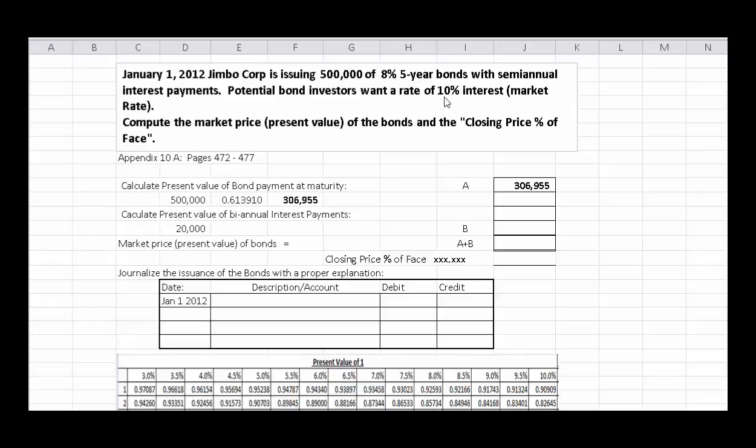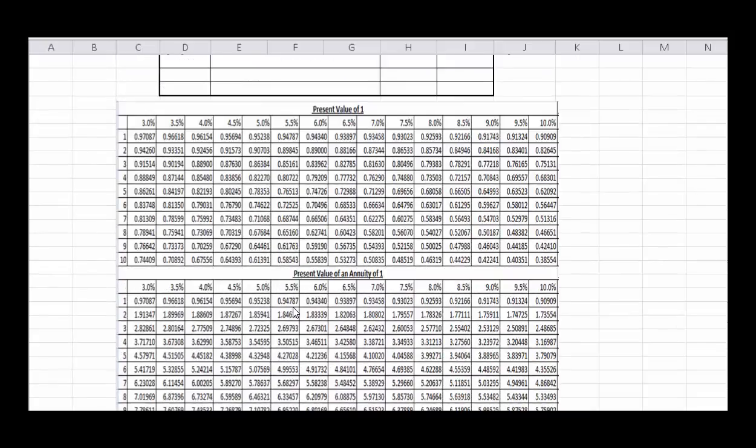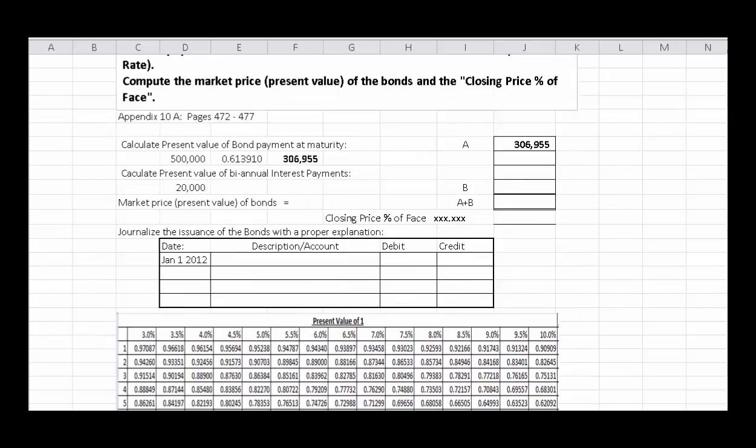So we go to the present value of an annuity of 1 table. For 10%, now that's biannual, so we're doing it for 6 months. We divide that by 2, so that's 5%. It's a 5-year bond, so times 2 is 10 periods. So that's a present value of an annuity of 1 factor of 7.72173.